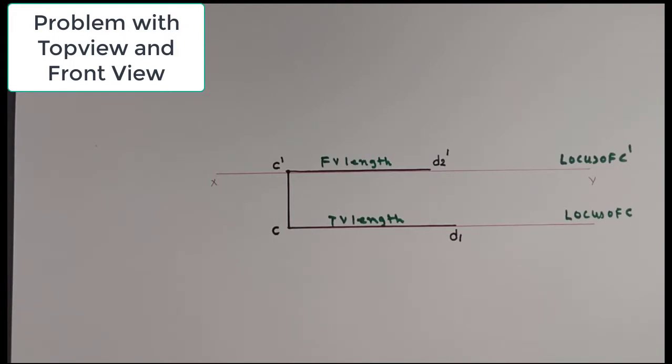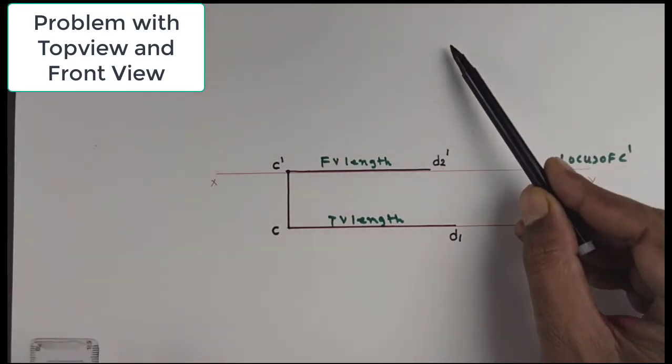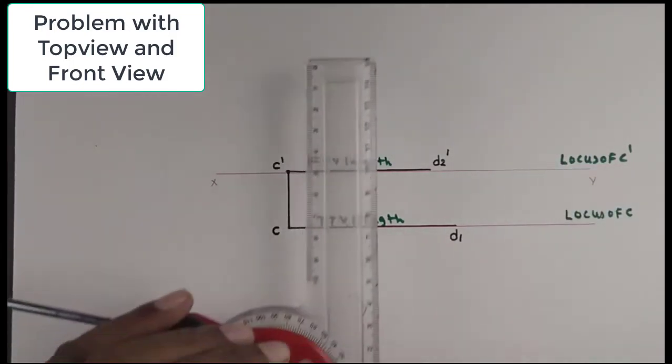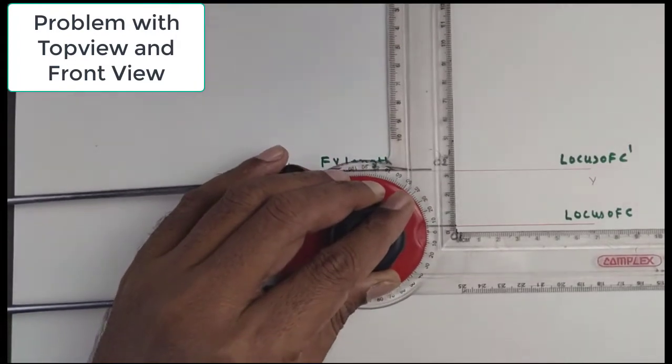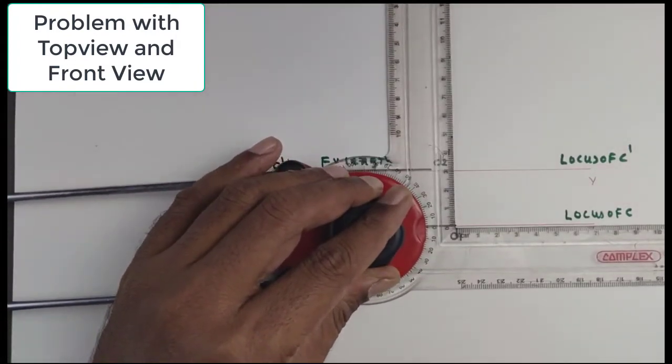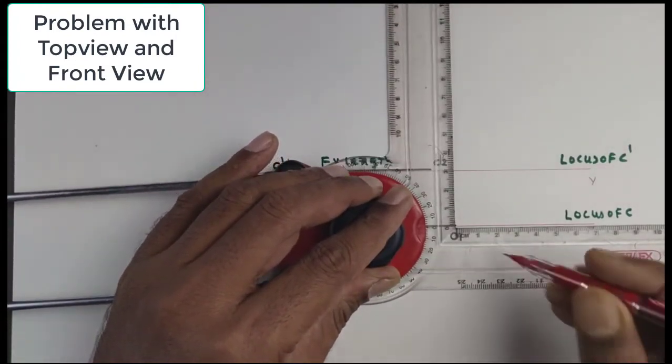Now what we do here, I know this D1, its elevation is the end point of true length. So for that we draw the simple vertical projection.